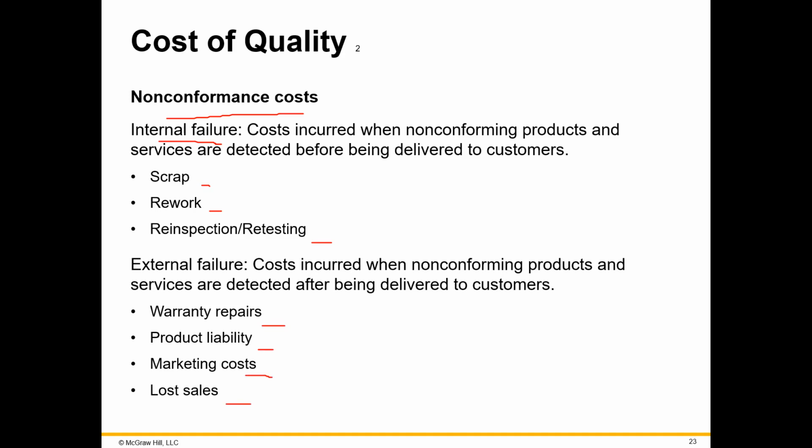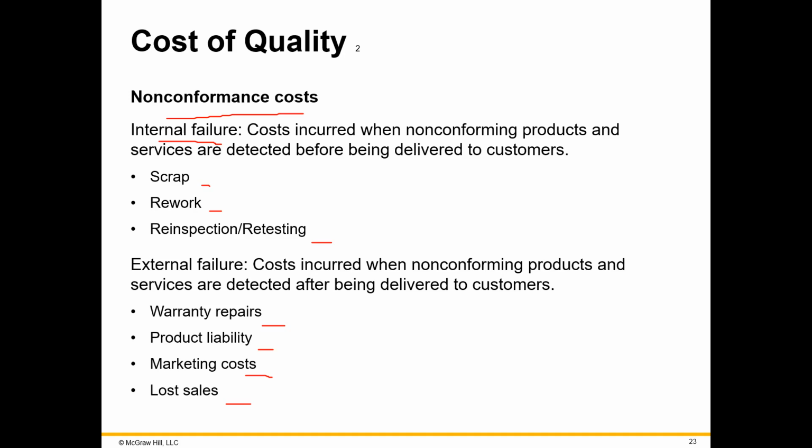You're going to have costs either through quality checks in the beginning, or you're going to have costs from warranty repairs and product liability issues afterwards. So there's no escaping the cost, really. What you want to do is find a good balance between the two.